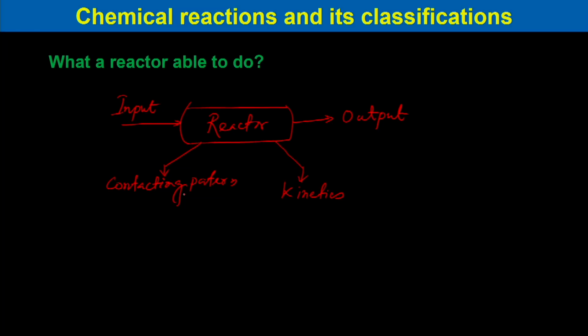So, all this information we need to know when a raw material is processed inside a reactor to obtain output, and we have to find out the relations between the input and the output. So, the equation which relates the input and output is known as the performance equation.